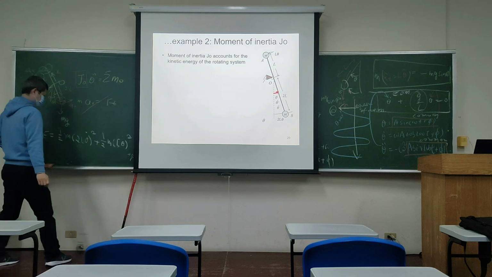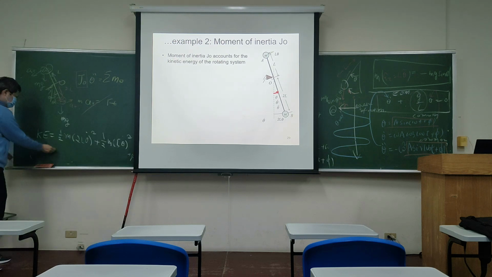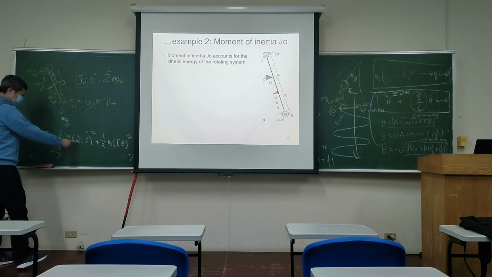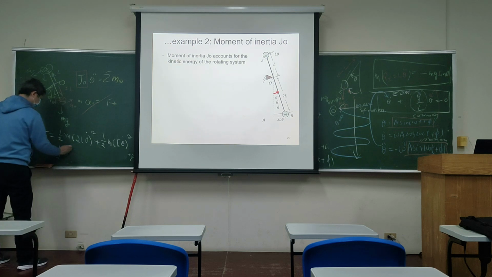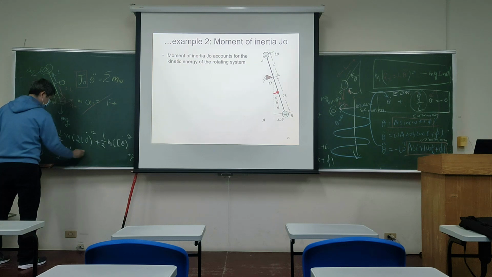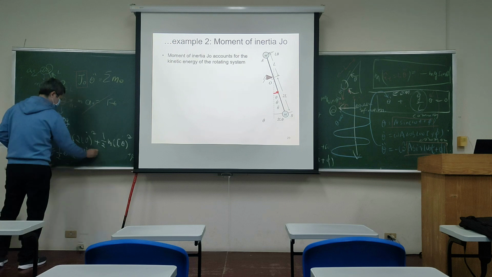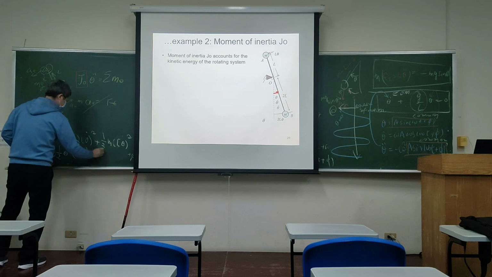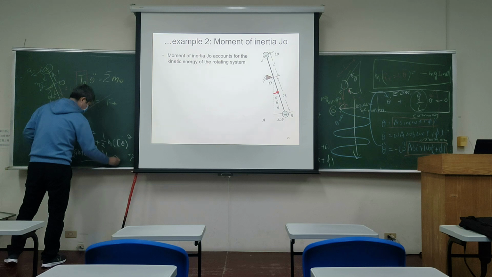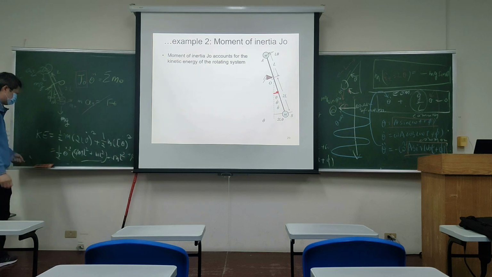Together you have written it as half, and then this is going to be written as theta dot squared, and then this is going to be 4 times ml squared plus ml squared. So altogether equal to 5 times ml squared.